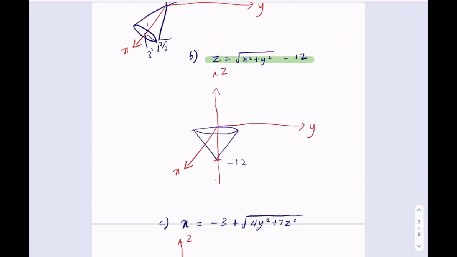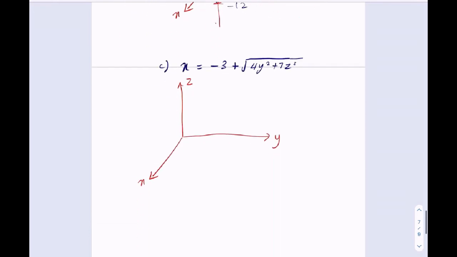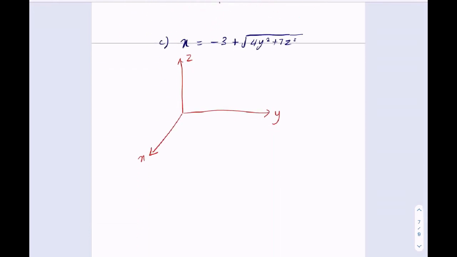This one is a one-sided cone, positive side of z, but shifted down by 12 units. But over here, it is a one-sided cone at the positive side of x. Why positive side of x? Because of the positive square root. But then shifted to negative 3 units.